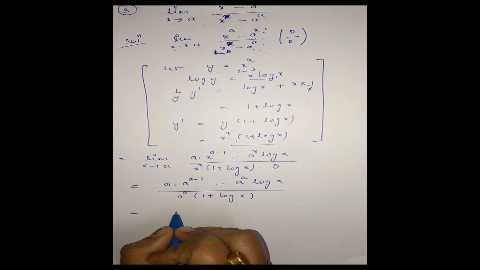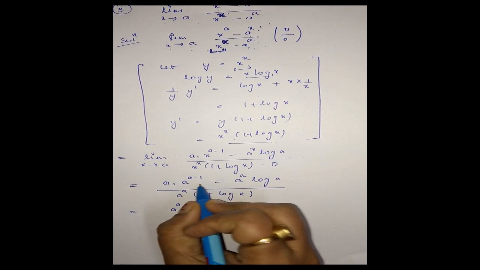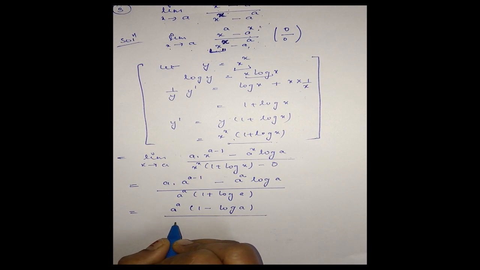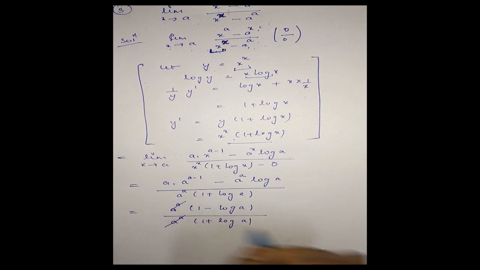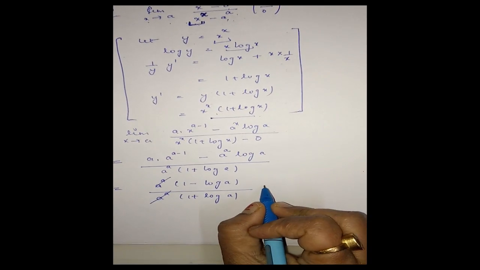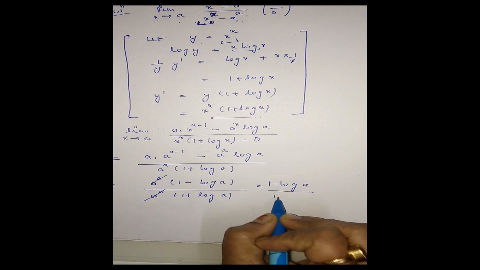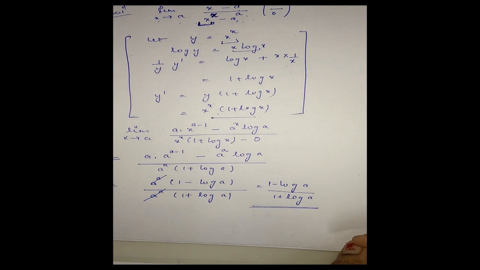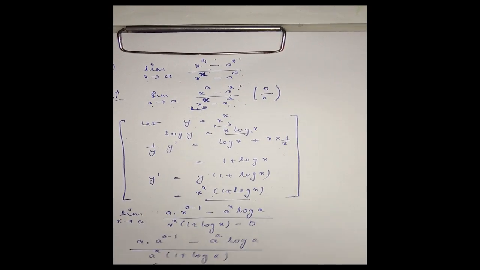Now this is a power a into 1 minus, taking a power a common, 1 minus log a, and this is a power a into 1 plus log a. This will get cancelled out. Therefore, the value is 1 minus log a divided by 1 plus log a. This is the answer on taking limit x tending to a. Clear? Now we come to the next problem.